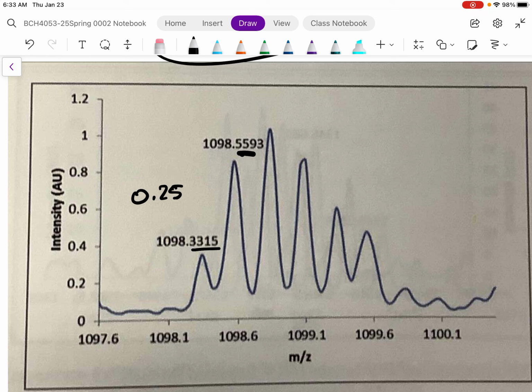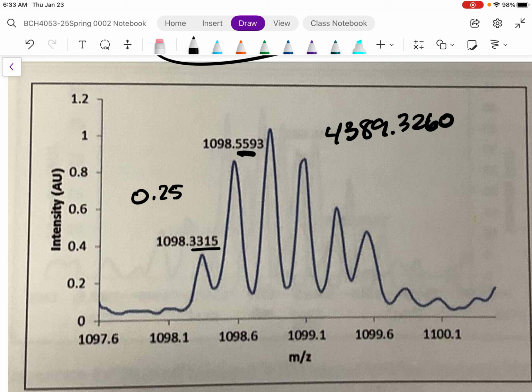Okay, 1098.3315. What's the charge state on that one? 4. So times 4 minus 4. I get an answer of 4,389.3260. And with mass spec, it's so sensitive that it does go out 4 decimal places.